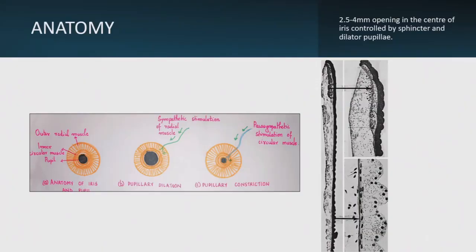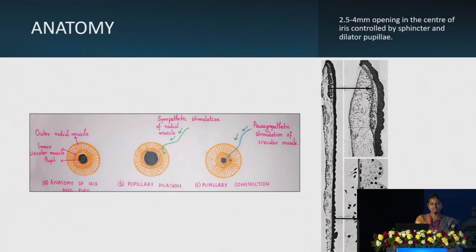One is the sphincter pupillae, the circular muscle in the center of the pupil, which is supplied by the parasympathetic nerves. The radial muscles, seen a little away from the center, are the dilator pupillae, which help in pupillary dilation and are supplied by the sympathetic pathway.